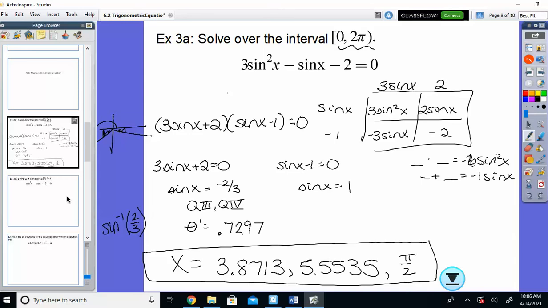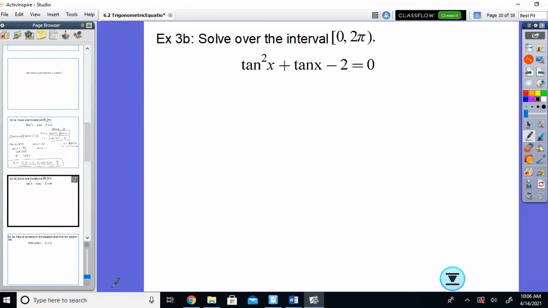Let's look at this one. So what would we do first? We don't have to draw the full box because it's a 1 tangent squared. So tangent squared breaks into tangent x and tangent x.